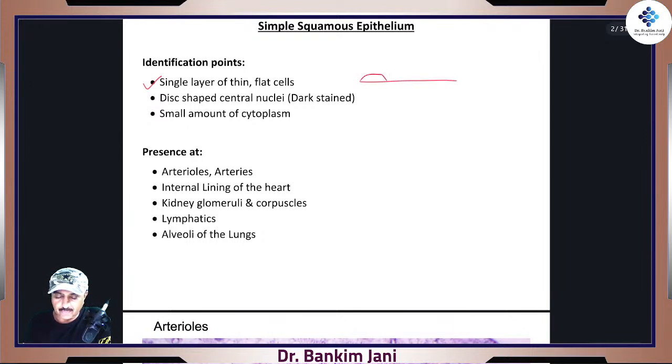Single layer of thin flat cells. Disc shaped central nuclei. This is the disc shape or the flat nuclei, right? This is what we are expecting. And there will be a very small amount of cytoplasm, obviously, because the size of the cell itself is small. So cytoplasm would be very less because the cell itself is less.